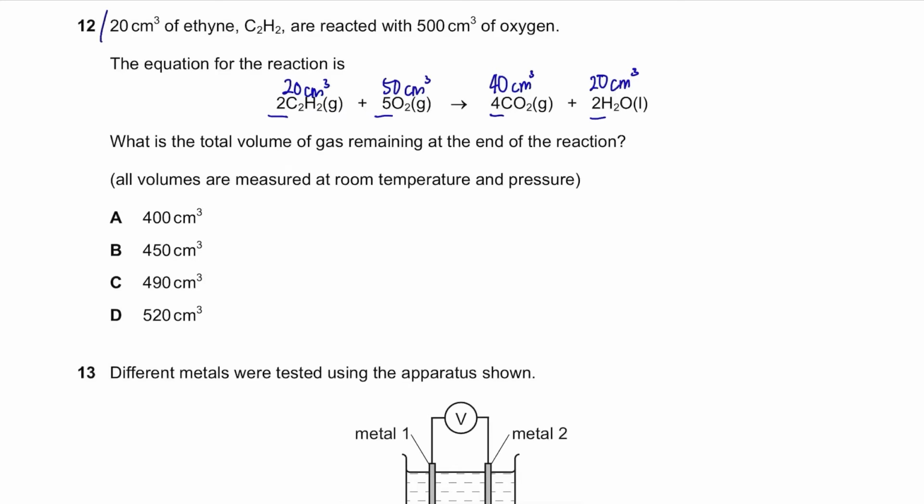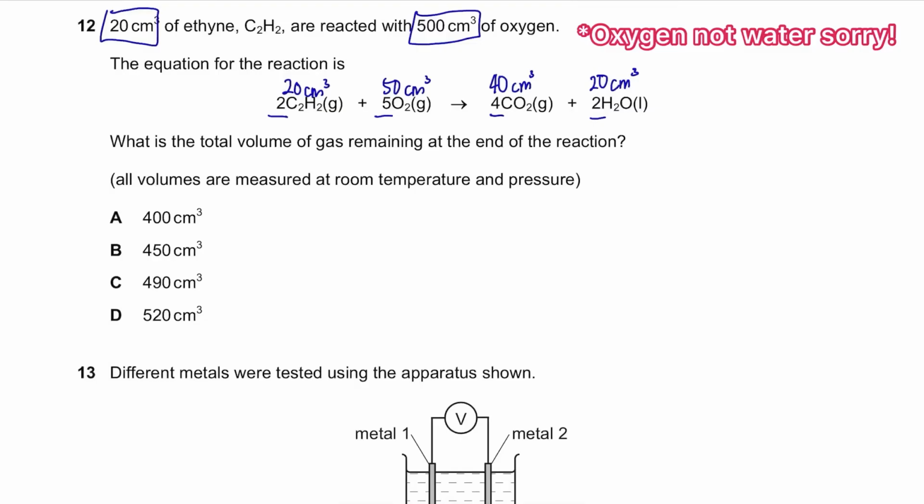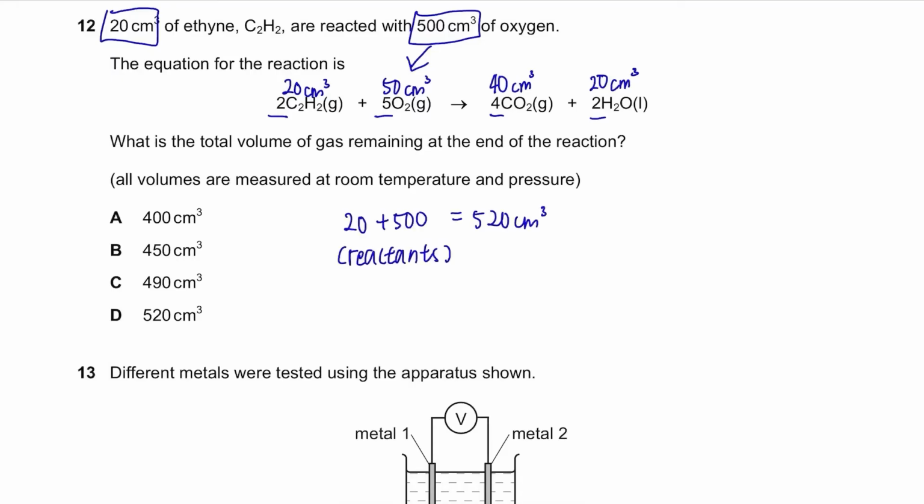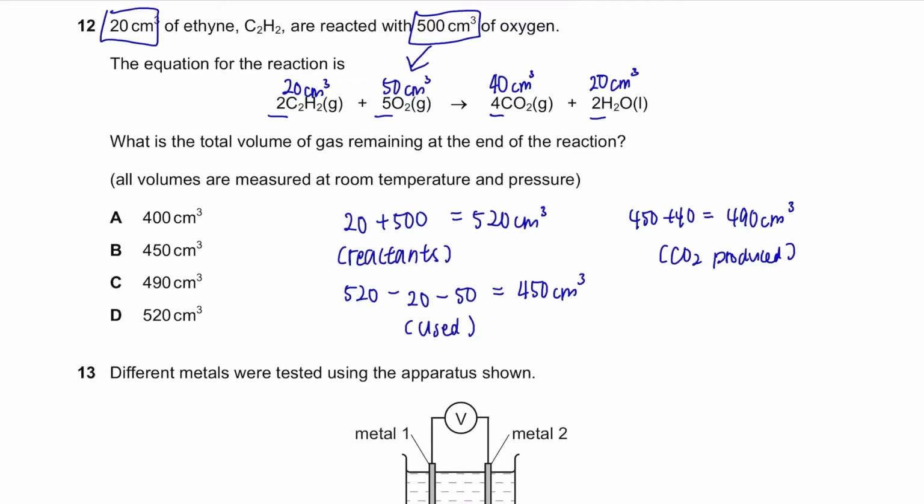Note that although the question said ethyne is reacted with 500 cm³ of oxygen, only 50 cm³ of oxygen is used. So we first had 520 cm³ of reactants, then 20 cm³ and 50 cm³ are used. 40 cm³ of carbon dioxide is produced, so add that and we get 490 cm³ of gas left at the end.